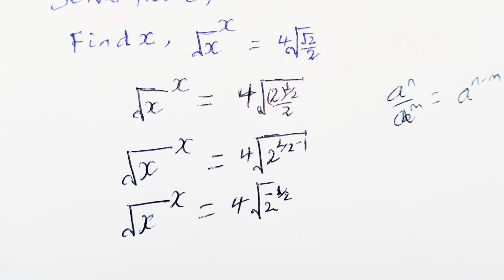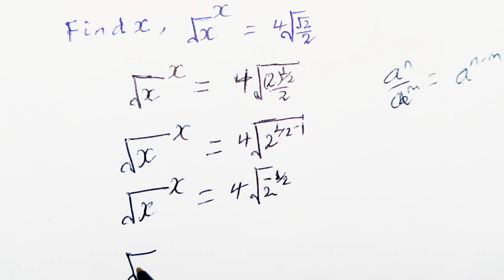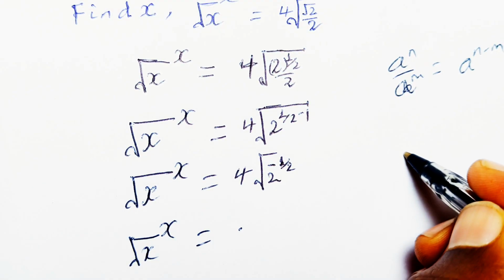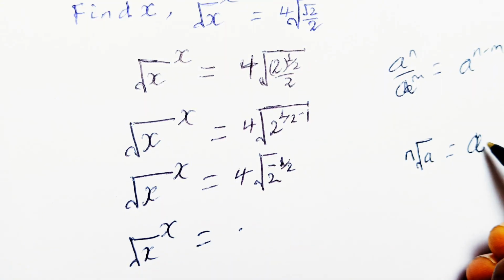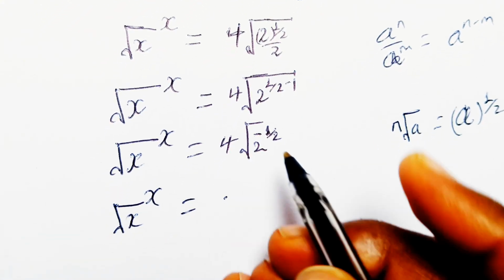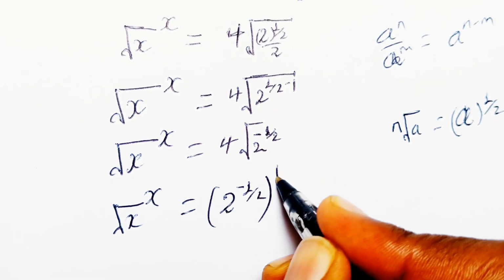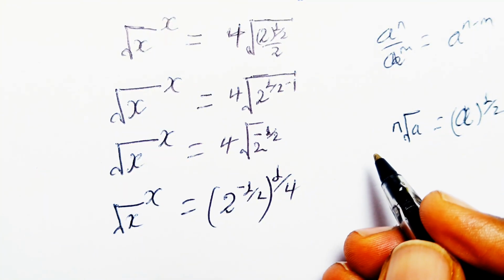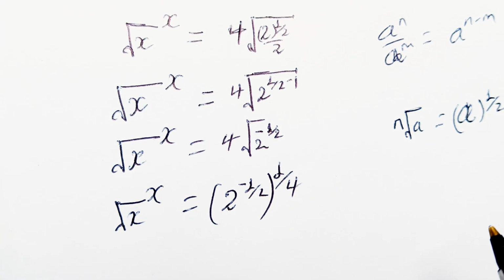So this one is root x. You know, any number root a can be written as a to the power of 1 over 2. So this can be written as 2 to the power of minus 1 over 2, to the power of 1 over 4.